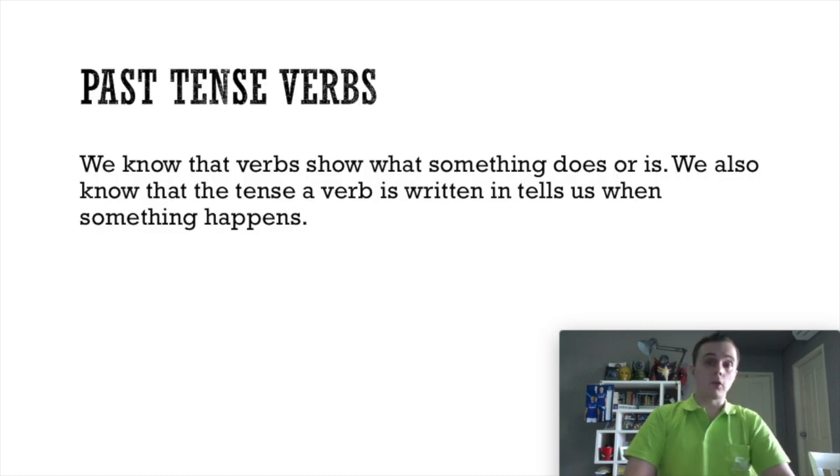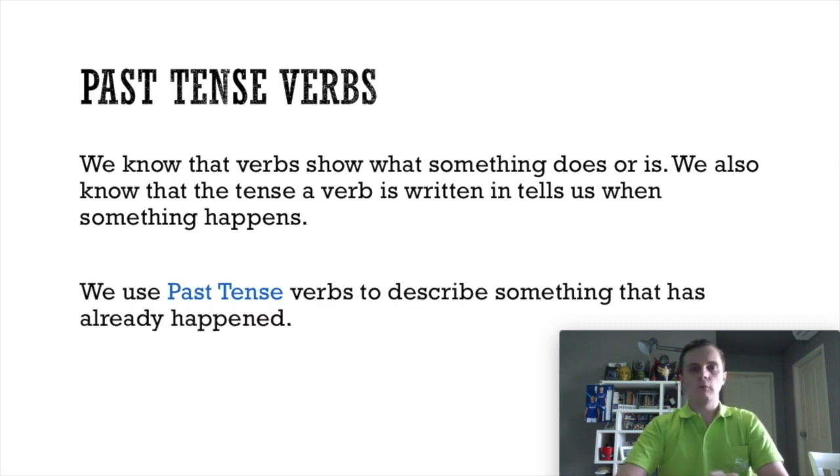So, you should already remember that verbs show what something does or what something is. And as we learned last week, the tense a verb is written in tells us when something happens. We use past tense verbs to describe something that has already happened.